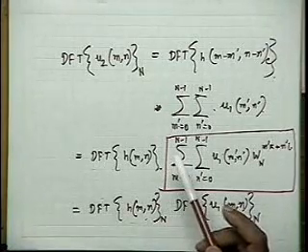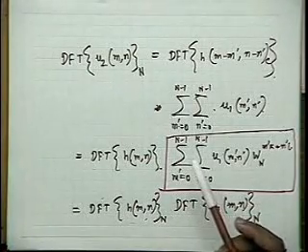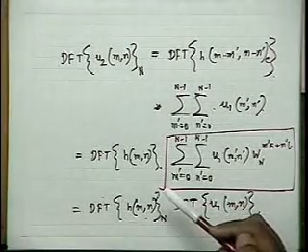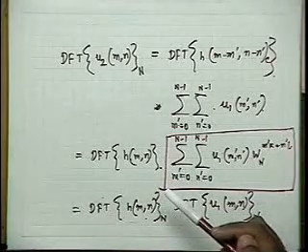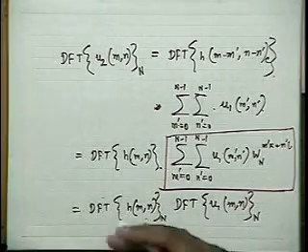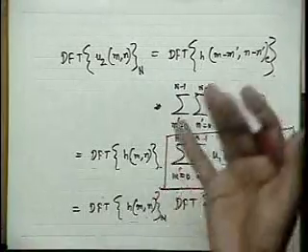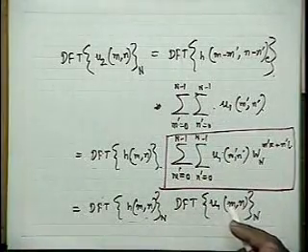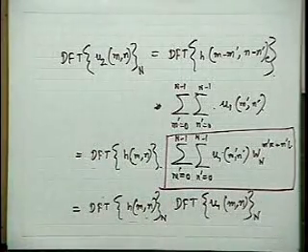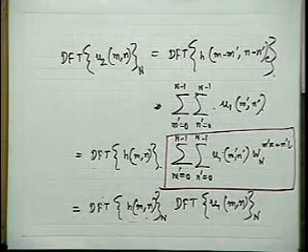Even the inverse DFT can be computed using the fast Fourier transform algorithm, because inverse DFT simply means the multiplication factor W to the base N, instead of being mk plus nl, becomes minus mk minus nl in the case of the inverse DFT. So this entire convolution can be computed very efficiently using the fast Fourier transform algorithm.